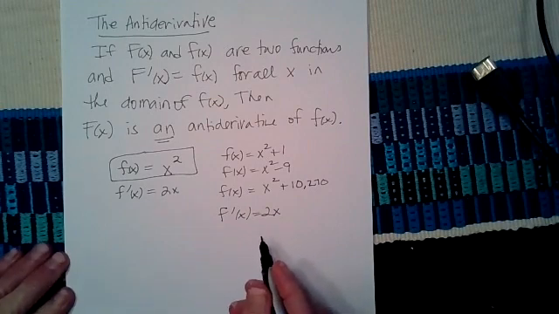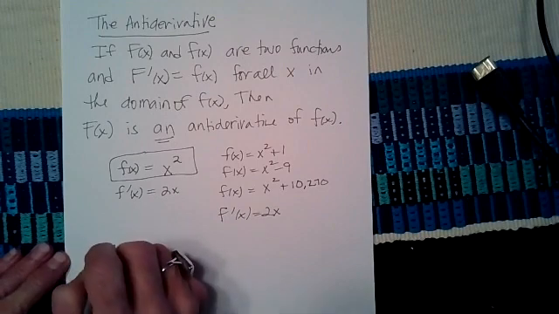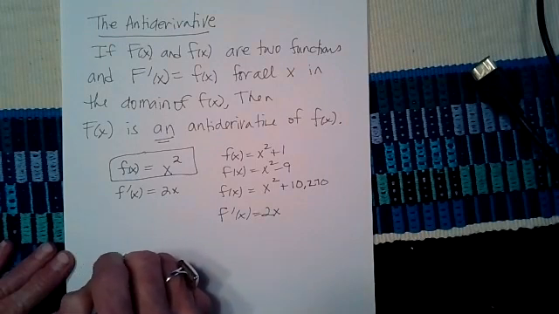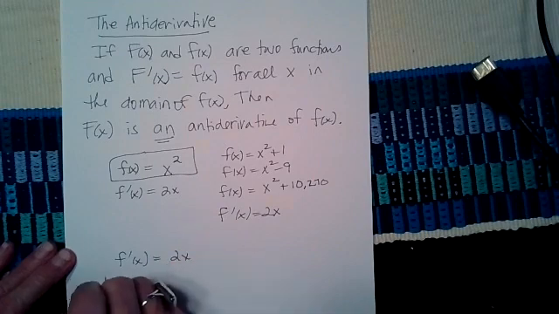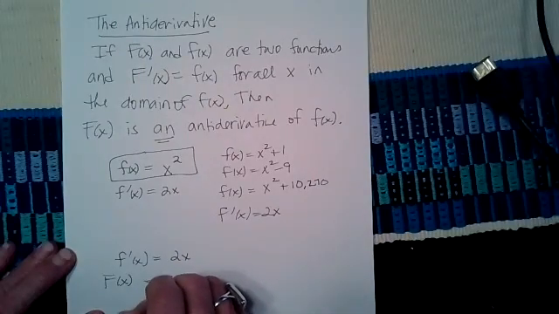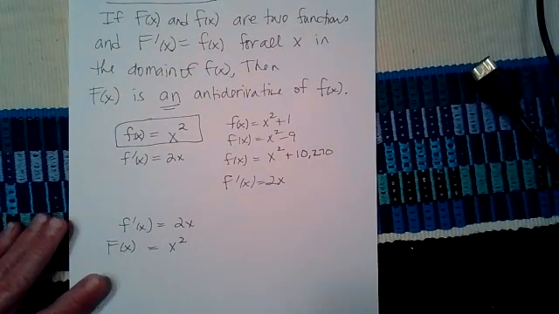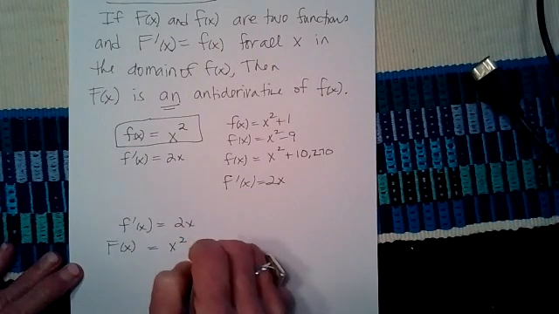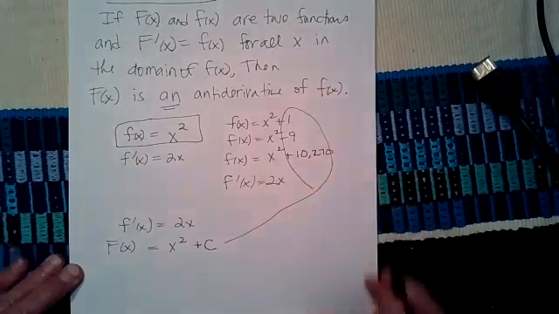So when we talk about the antiderivative, we would say, okay, so if the derivative is 2x, then capital F of X, the antiderivative, is x squared, because x squared's derivative is 2x, but we call it x squared plus c, where c is any constant, just like all of these.